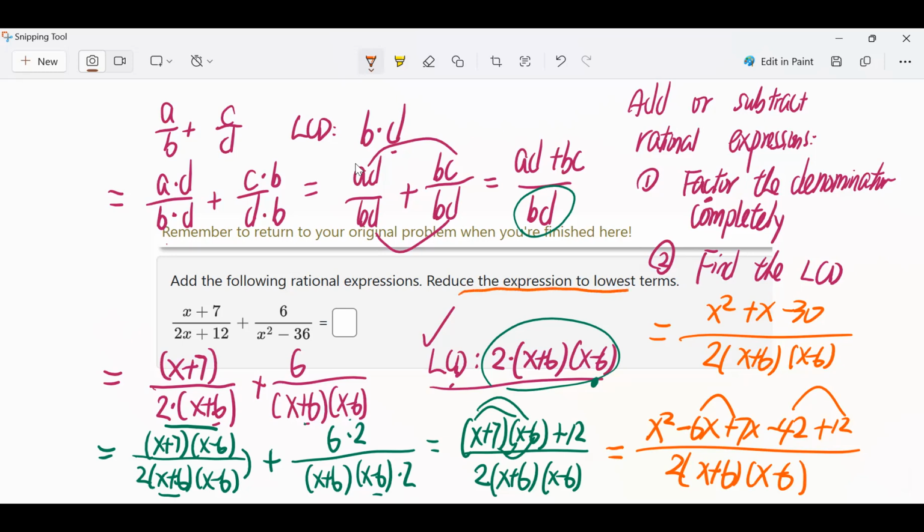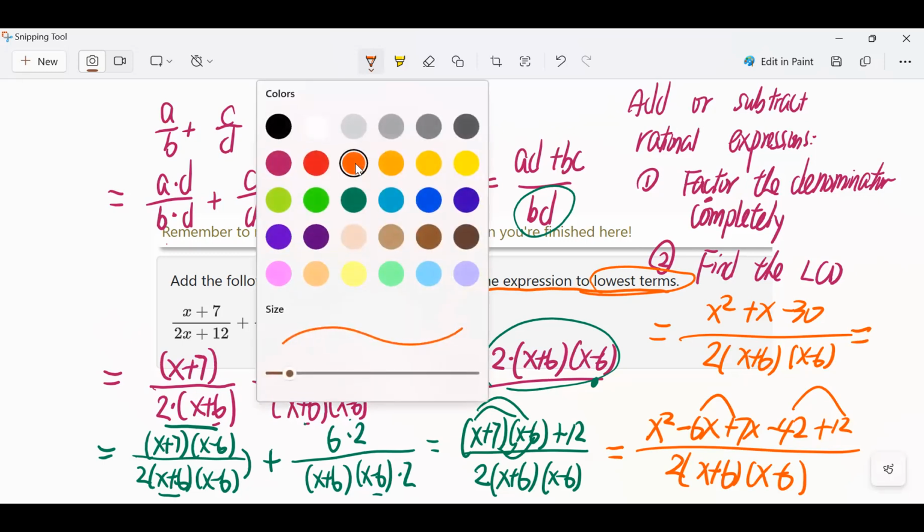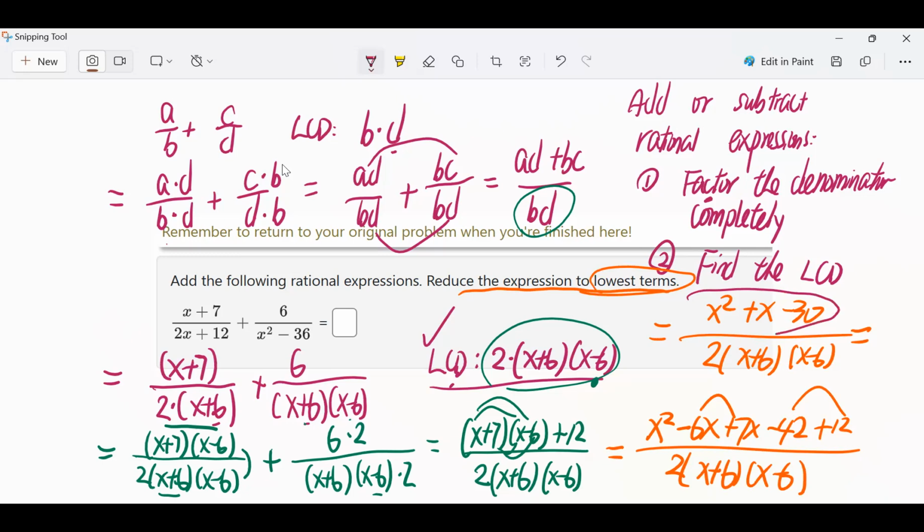Reduce the expression to lowest terms, right? Yes. So almost. And this one is a little bit tricky because after we combine them, we can still factor the top. You see, the top is still factorable. Let's factor that, see what happens. It will be x plus 6, x minus 5.